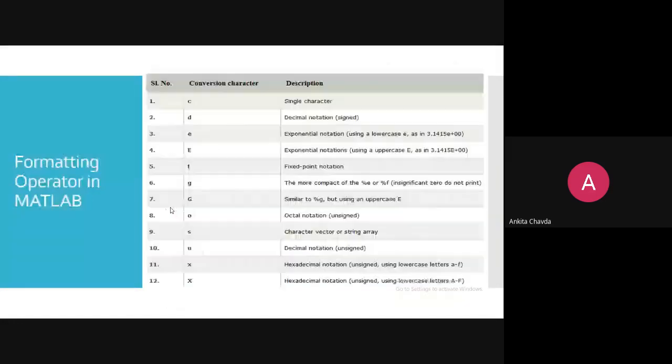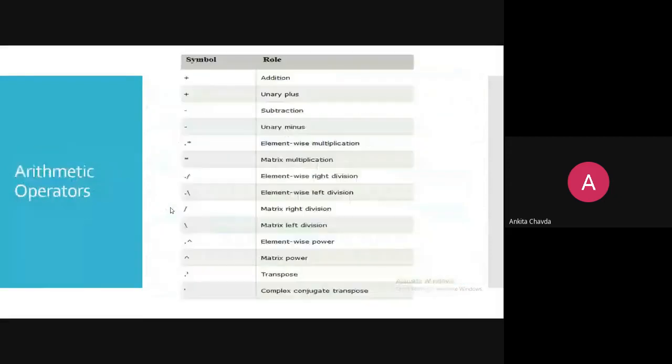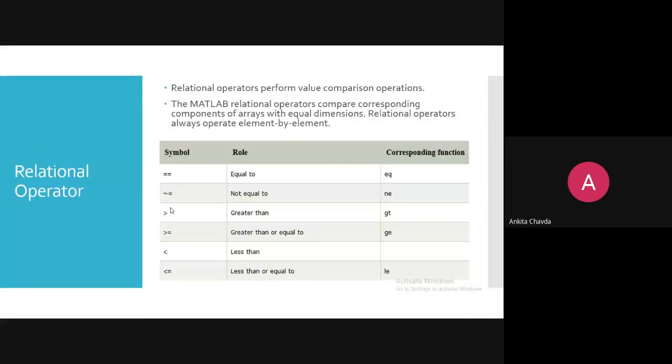So again, back to the relational operators, right? The MATLAB relational operators simply compare corresponding components of arrays with equal dimensions. Equal dimension is very important. If I have 3 cross 3 for A, then I can take 3 cross 3 for B also.